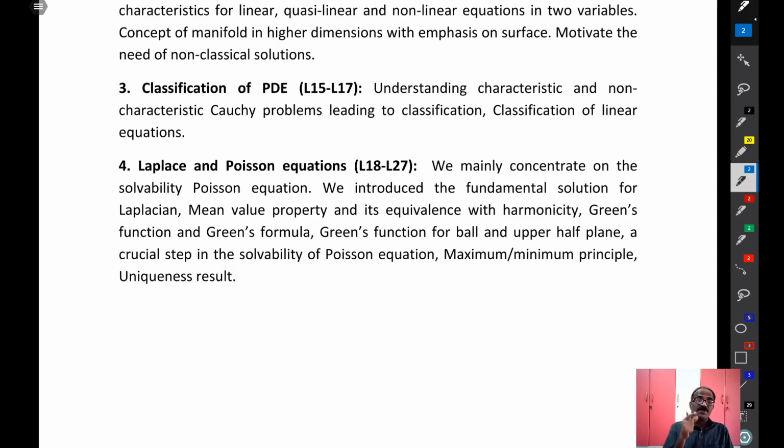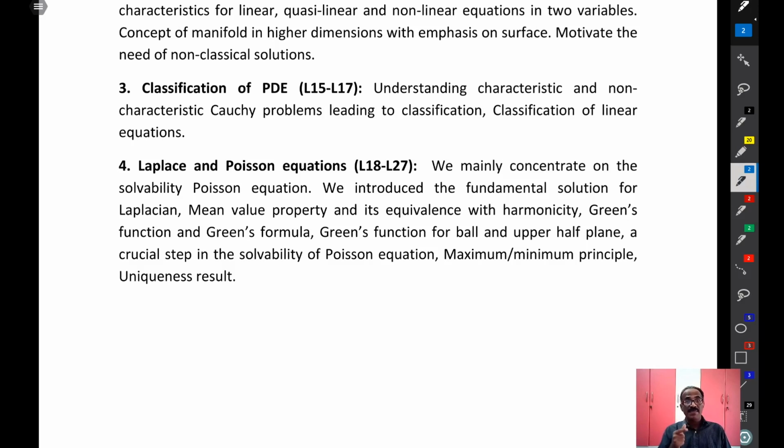These equations are also representative because they have all the characteristics of the equations belonging to that particular class. For example, Laplace belongs to the elliptic class, heat belongs to the parabolic class, and the wave equation belongs to the hyperbolic class.